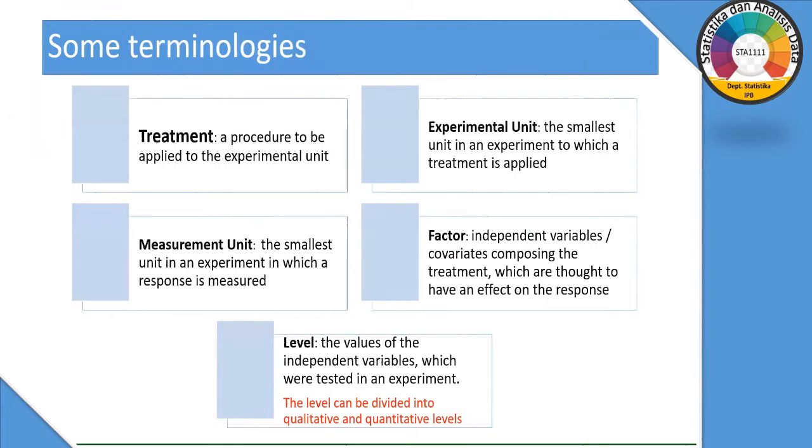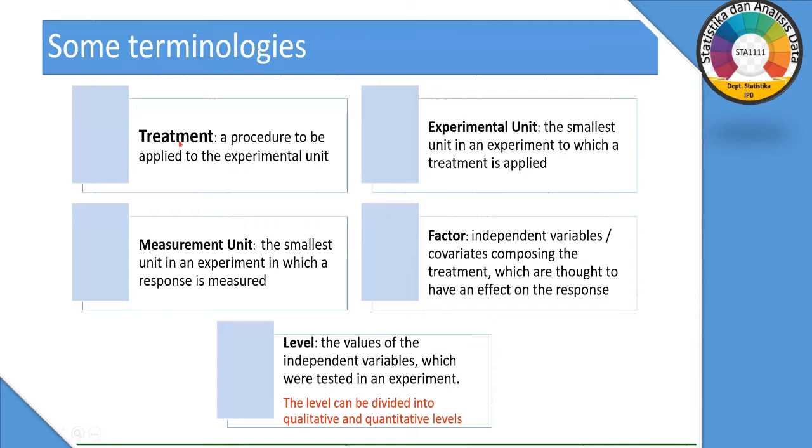Okay, so let's go deeper into these topics. Some terminologies related to experimental design, like a treatment. I believe you understand what I mean here. The treatment is the procedure to be applied to the experimental unit. As in the previous example, let's say you want to see the effect of dose on blood pressure.